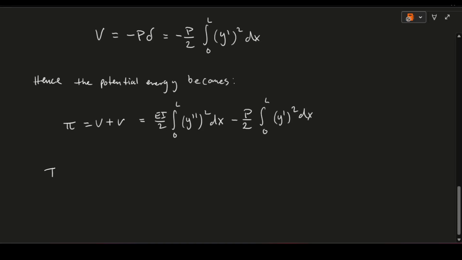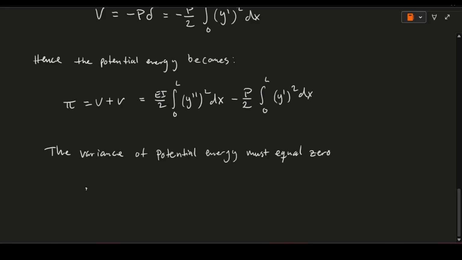So the variation of pi is equal to the variation of U plus V, and this is equal to 0.